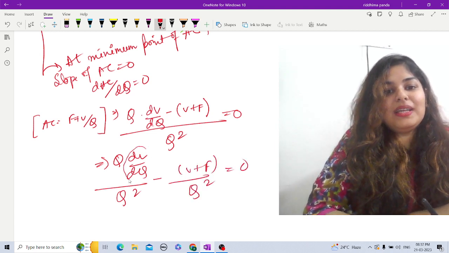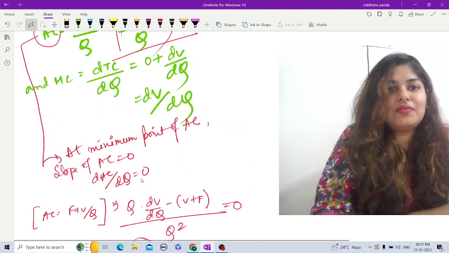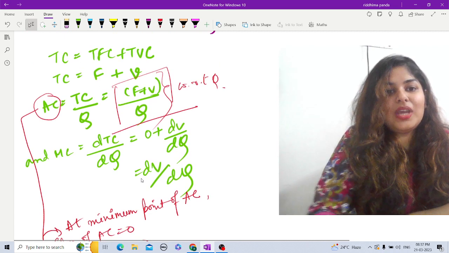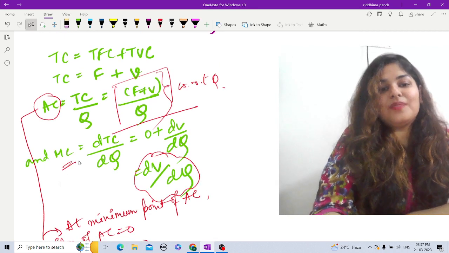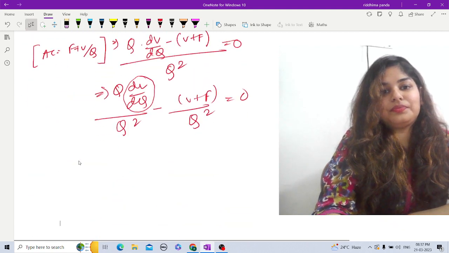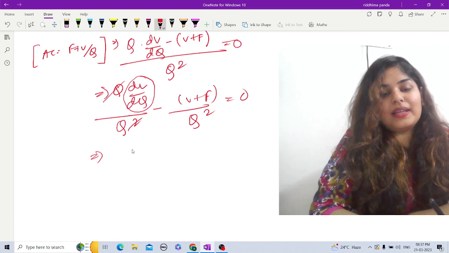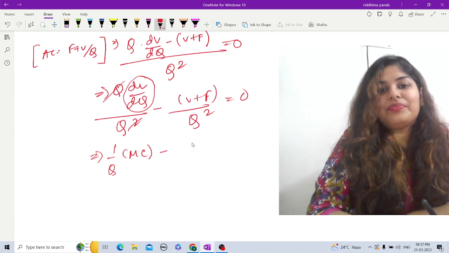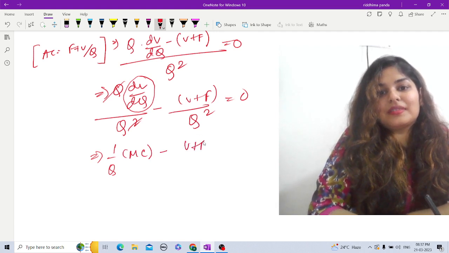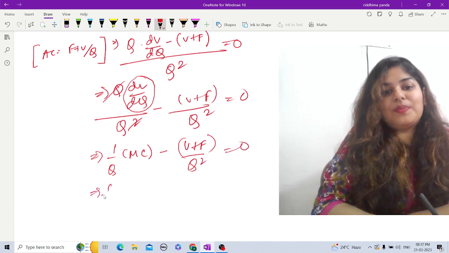Now, this dV by dQ is nothing but the marginal cost MC, as we have seen above. Let's scroll up and check. See, here dV by dQ is equal to MC. So I can put MC there. The Q and Q square get cancelled. So I have 1 by Q times marginal cost minus (V plus F) by Q square. Now let's take 1 by Q as common.